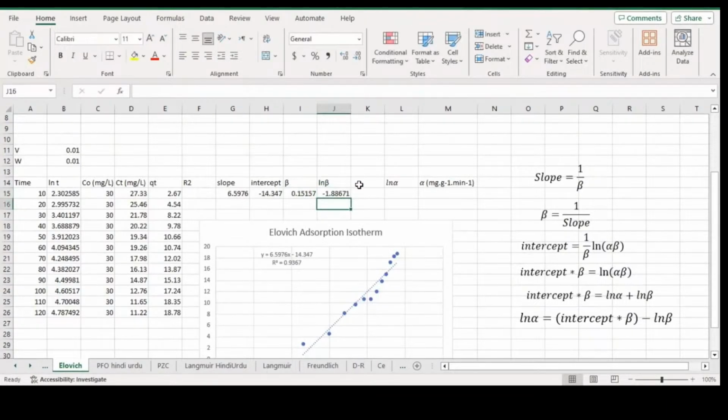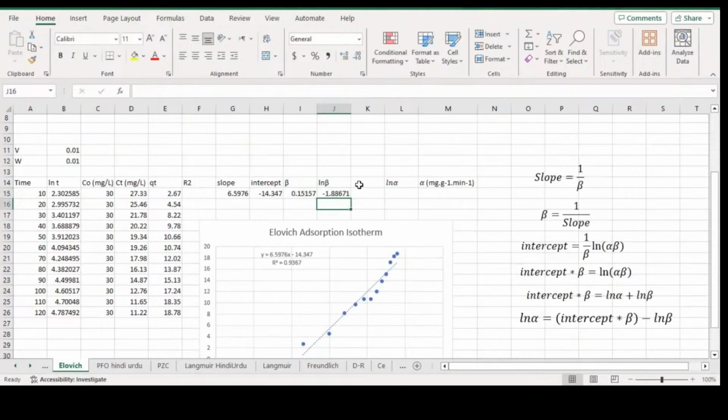Our intercept multiplied by beta value, we will multiply the intercept by the value of beta.